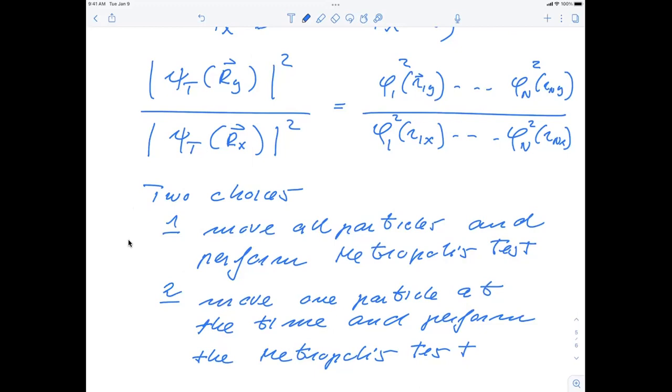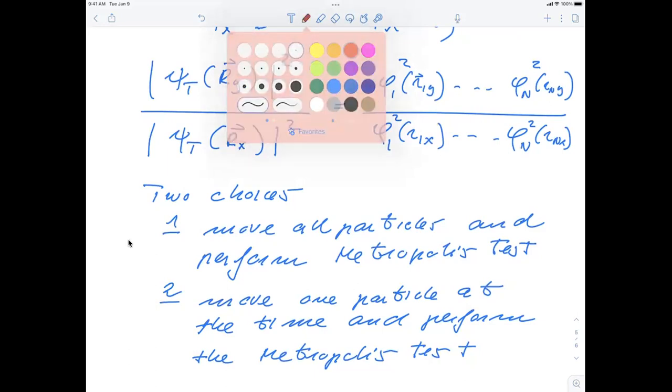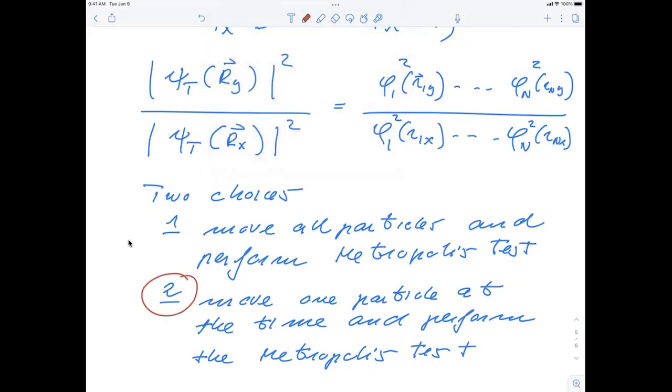So actually, choice 2 is the one which saves you more CPU cycles. The reason is that if you move all the particles, you have to calculate the new wave functions for all the particles.